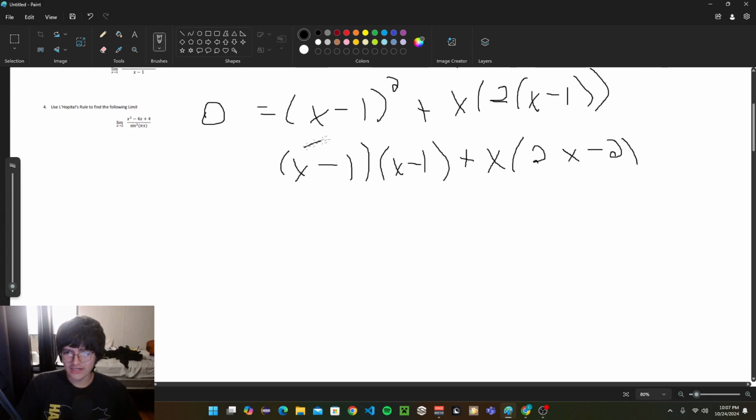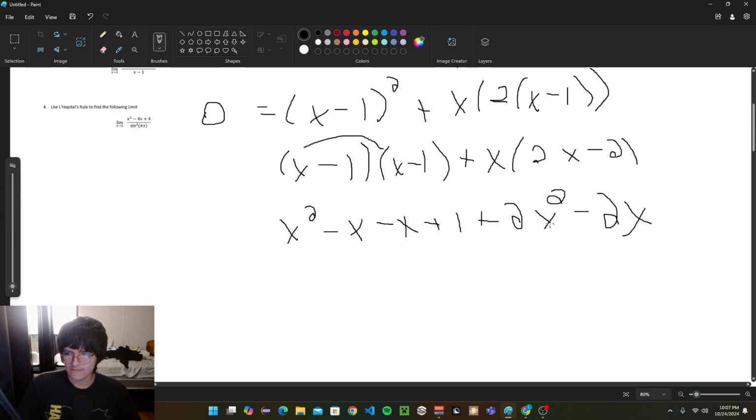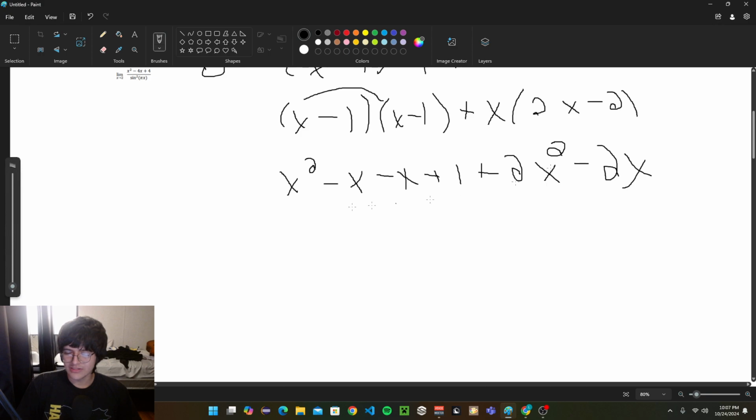So now this x gives us x squared, and then minus x minus x plus 1, plus 2x squared minus 2x. This x squared plus the 2x gives us 3x squared.